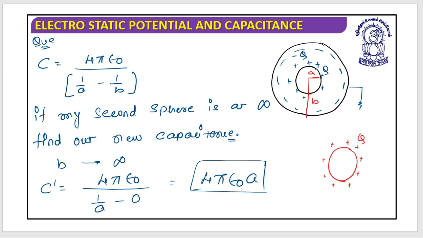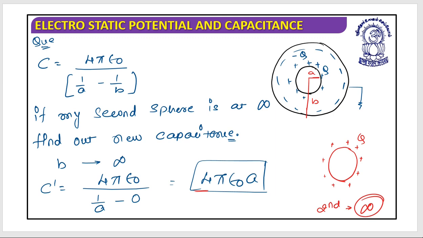Because when we started the capacitor, you told us that a capacitor is a construction which must have two plates separated by a certain distance. Yes, so here the second plate is at infinite, and from this we are going to find out the capacity of this. I hope this is clear. Please always remember this. This will help.